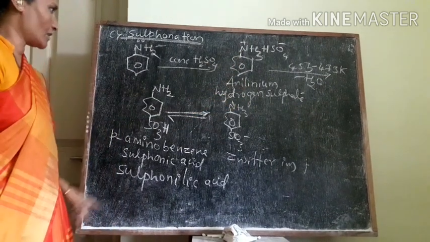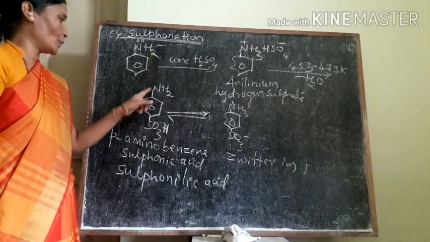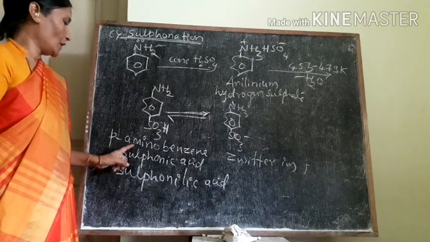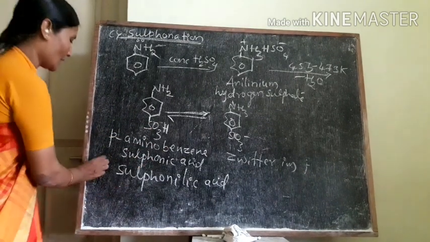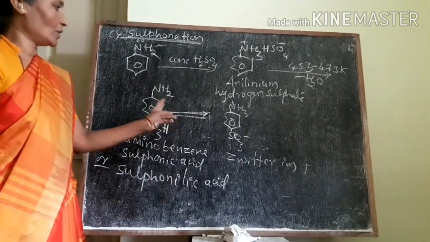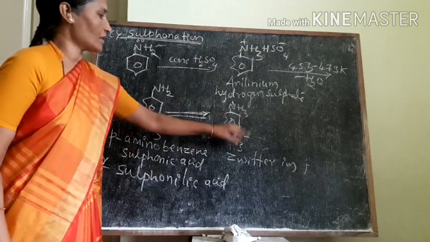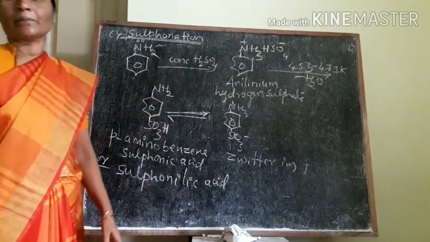At those conditions there is decomposition of that group. The remaining is para-amino benzene sulfonic acid, or it is known as sulfanilic acid, or the proton may change, giving this form like that.